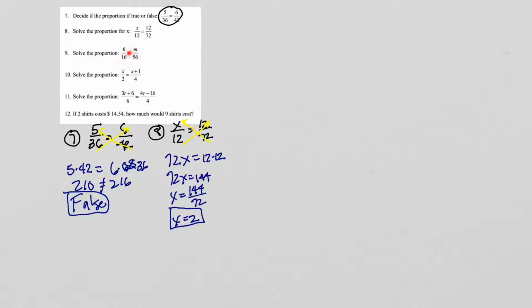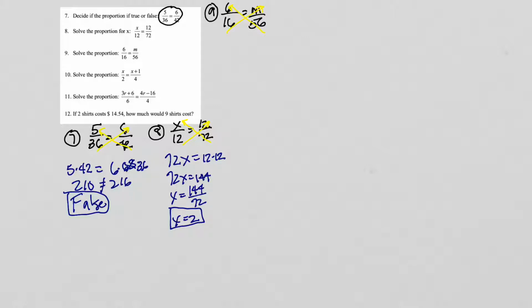In 9, pretty much the same as 8, except now we're solving for m. So let's see what we can do here. Problem number 9, we'll get 6 over 16 is equal to m over 56. Let's run that cross multiplication.